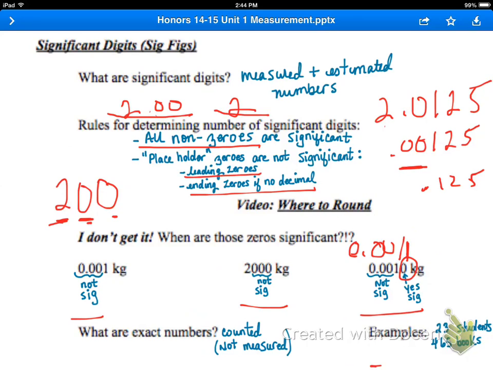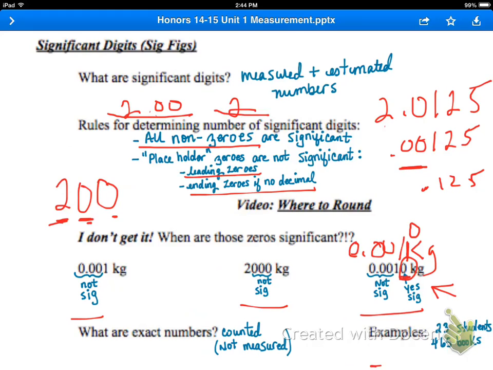0.0001. If I wrote that, that's kilograms, right? That's different than writing this. It means I have more certainty with this number than I do with this number. So the only reason to report it is because I know it, because it's part of my estimated value.